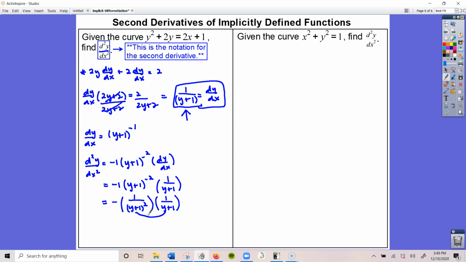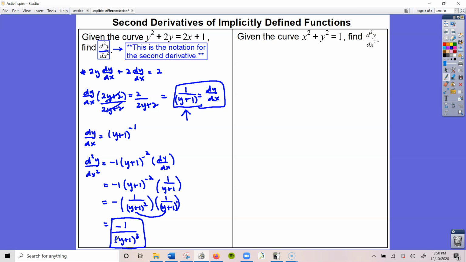Because these are the same factors, we just add those exponents. So this is equal to negative 1 over y plus 1 raised to the third power. And this would be my second derivative.